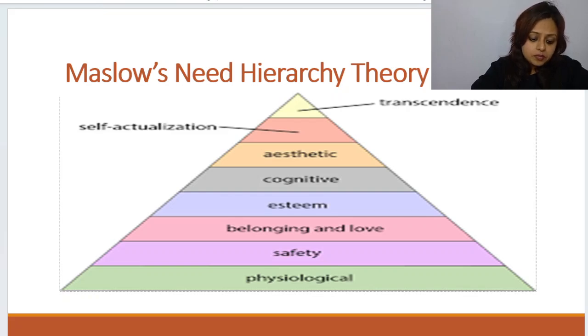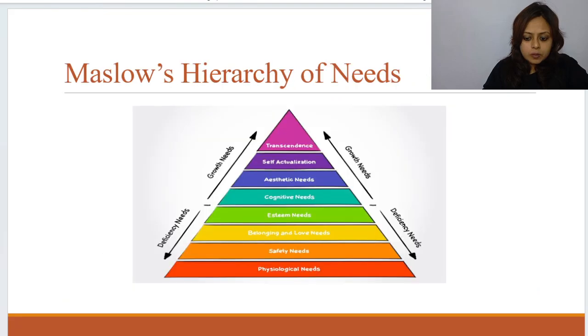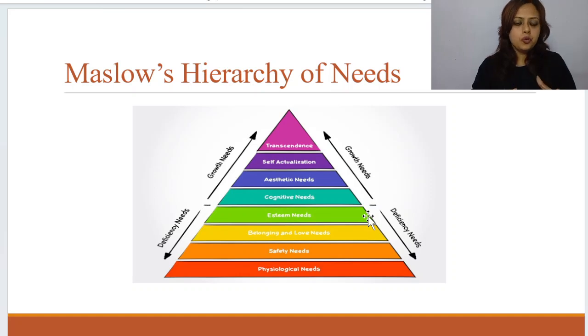Now, the next thing that I'll be discussing today is what a deficiency need is and what a growth need is in Maslow's need hierarchy theory. So we can see here that Maslow's need hierarchy theory has been divided into 2 parts.